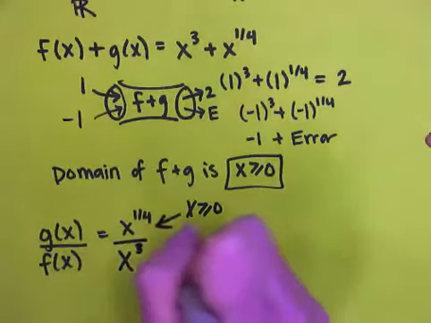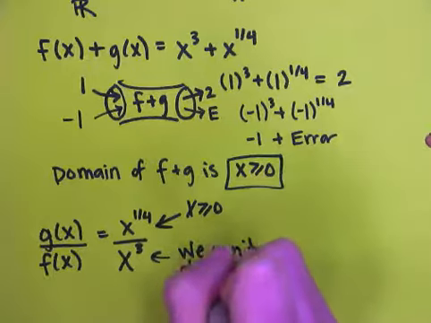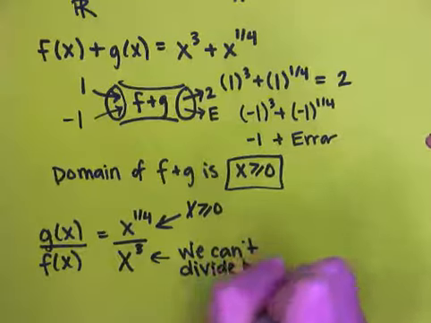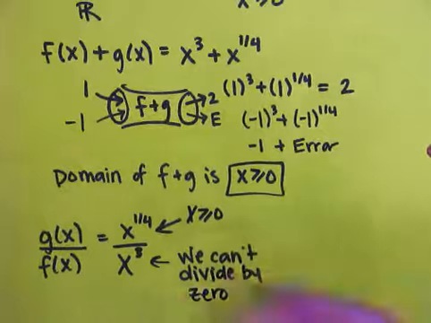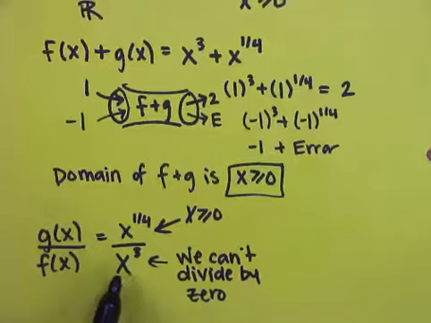However, we can't divide by 0. This means that any value that makes the denominator be 0 is not going to be a part of our domain. We're going to have to remove it. Since 0 clearly makes x cubed equal to 0, we have to remove 0 from the domain.